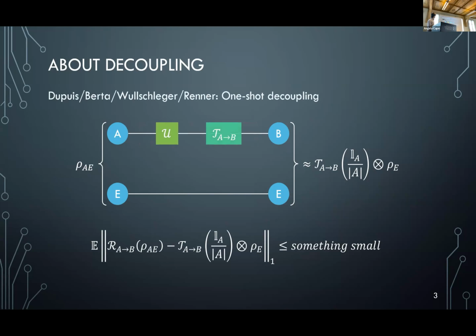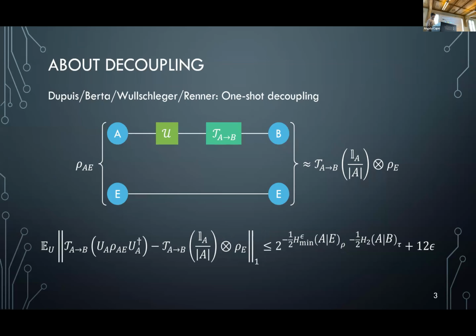This problem was tackled by some people in this room, Mario, Berta, Wullschleger, and they found out that with a process that consists of a random unitary chosen from a unitary 2-design followed by a CPTP map, we can actually bound this mathematical expression at the bottom of your screens.